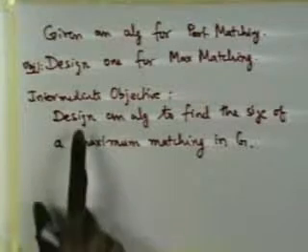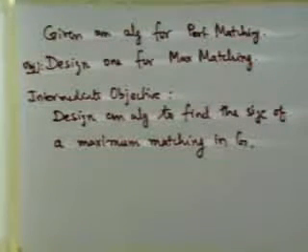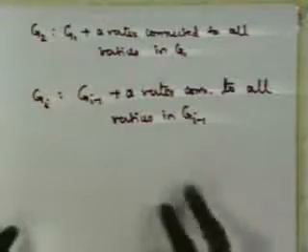Let's recap. We were given an algorithm for perfect matching, and our intermediate objective was to design an algorithm to find the size of a maximum matching in G. What we do is this: we define graphs Gi, where Gi is Gi minus 1 plus a vertex connected to all vertices in Gi minus 1.